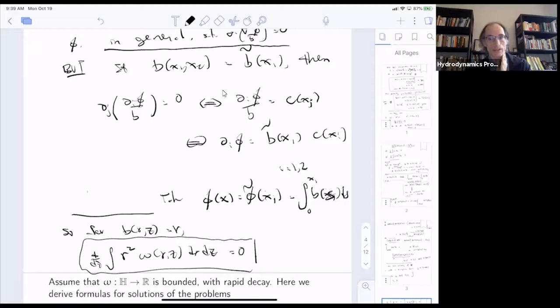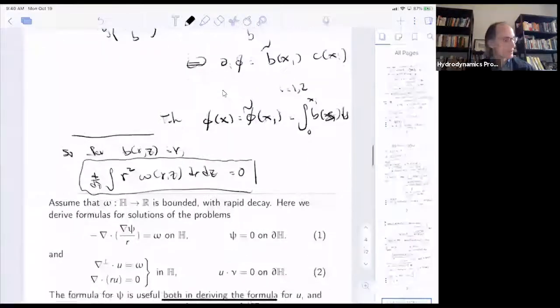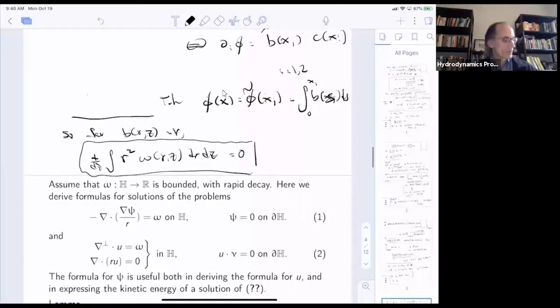Okay, and so the only other special property of Euler equations in this situation of axisymmetry without swirl is that there's a Biot-Savart law. We can write down quite explicitly a formula for the inverse of the curl. So here's the, okay.